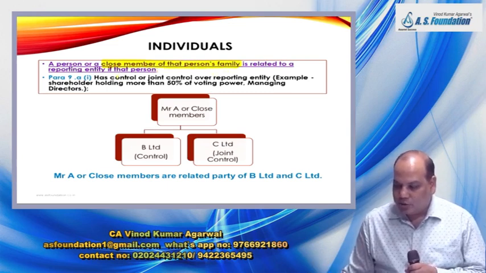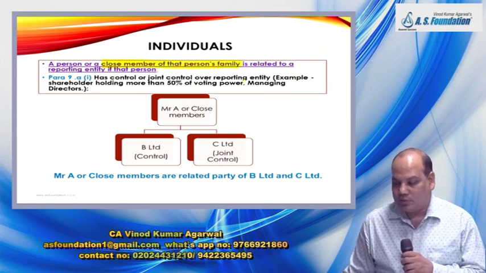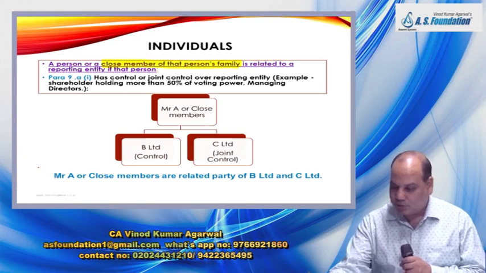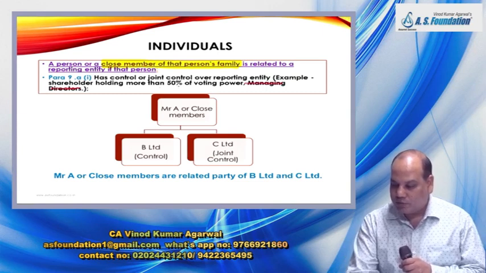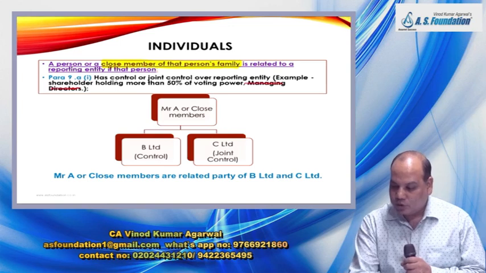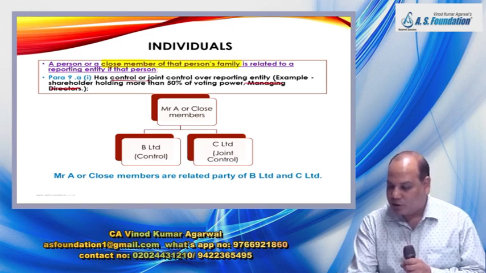Is related to the reporting entity if that person has control or joint control over the reporting entity. For example, a person holding more than 50% share in the voting power, or a person having joint control over an entity. So this point 9a1 is very important.